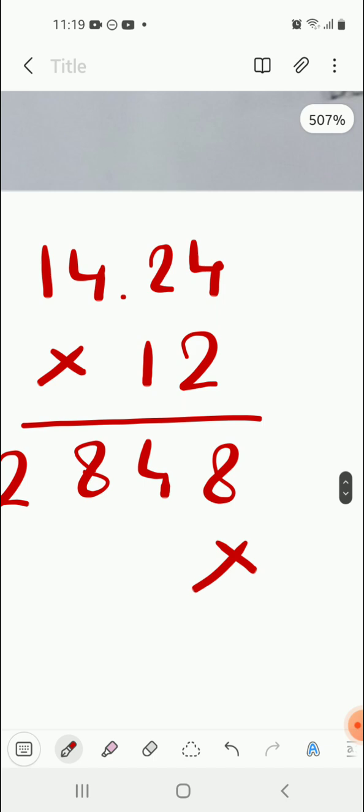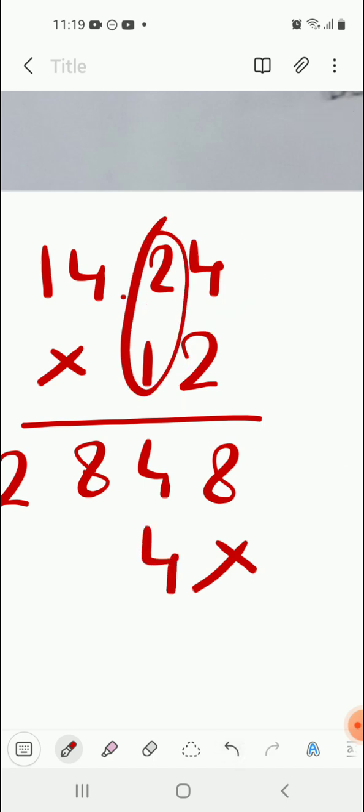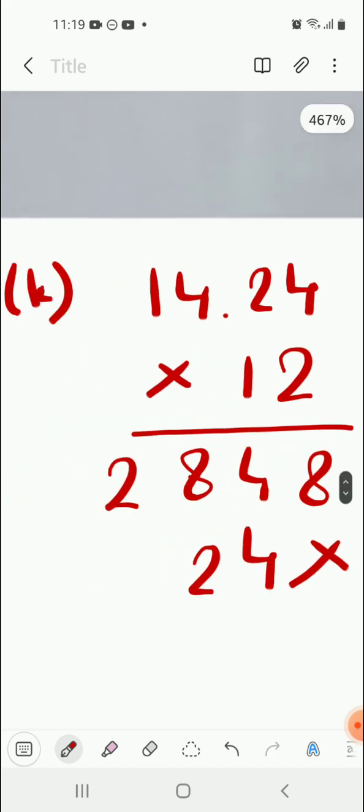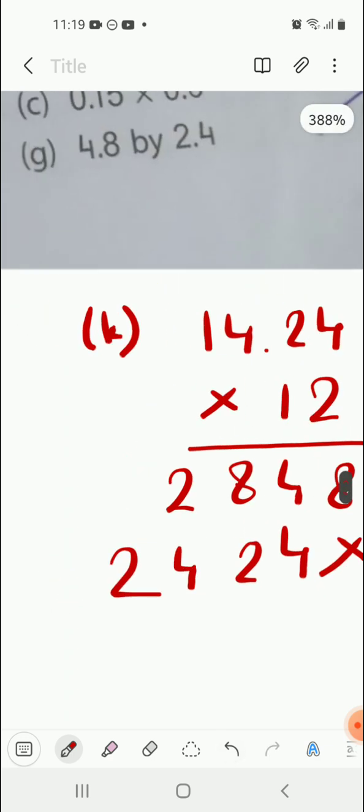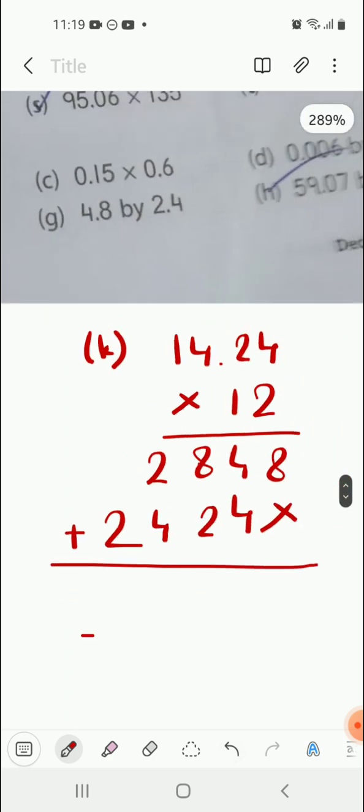Again across. 4 into 1, 4. 2 into 1, 2. 4 into 1, 4. And 1 into 1, 2. Simply add the way we normally multiply.